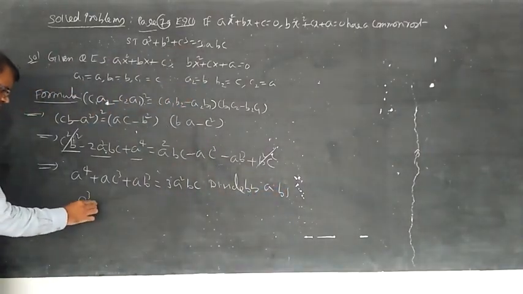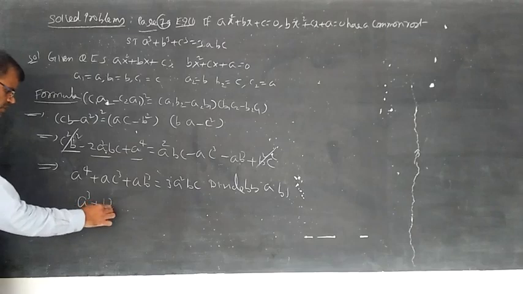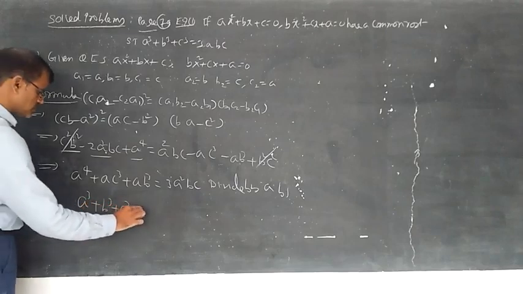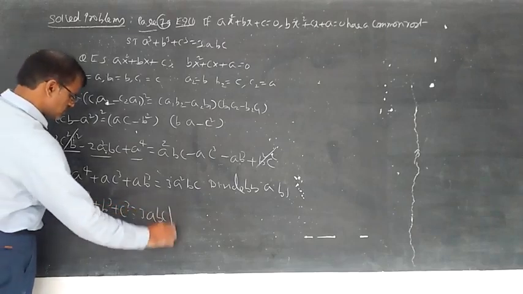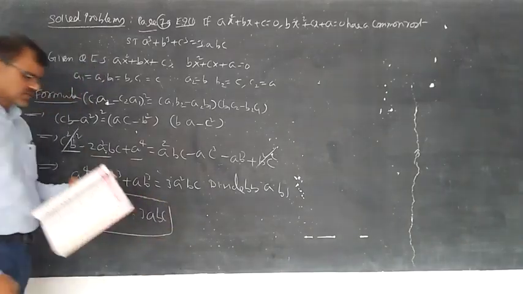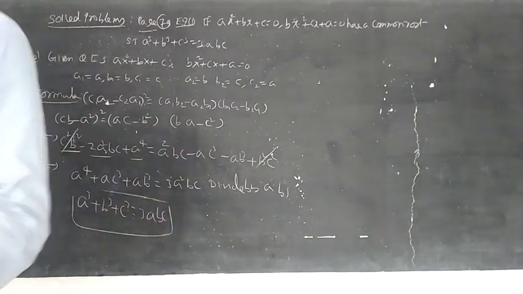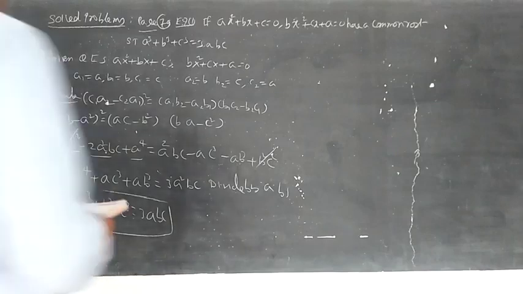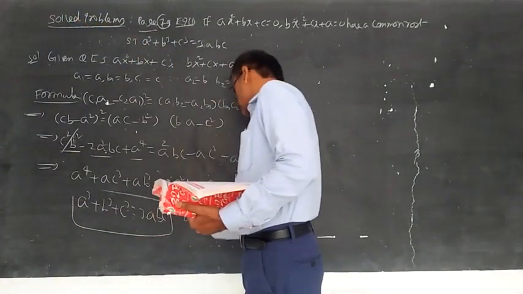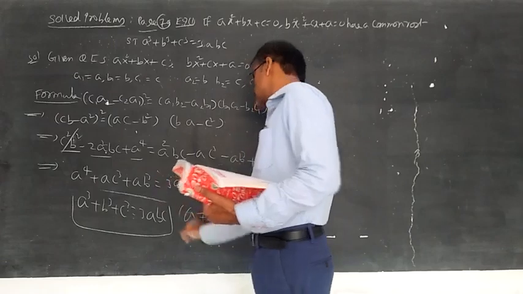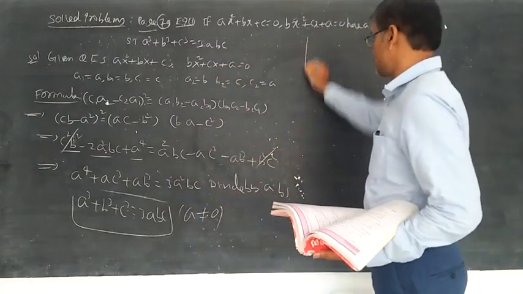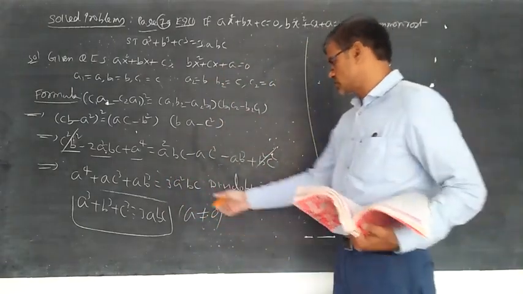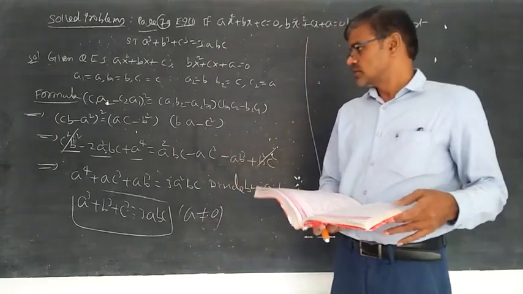It becomes a cube plus b cube plus c cube is equal to 3abc, which is the required result. A cube plus b cube plus c cube equal to 3abc is the value which we should get. A is not equal to 0, because otherwise the quadratic expression is not proper, so we have simply divided.